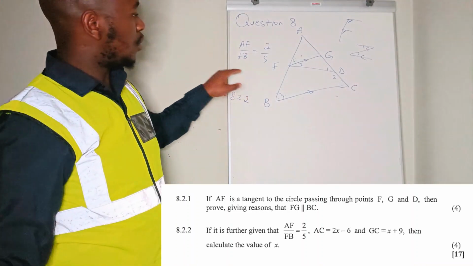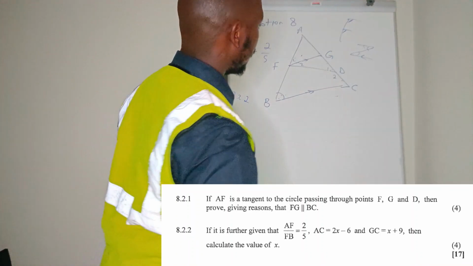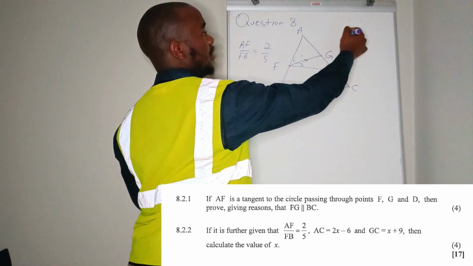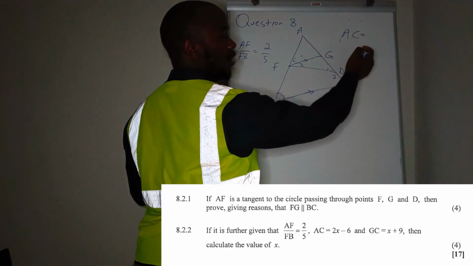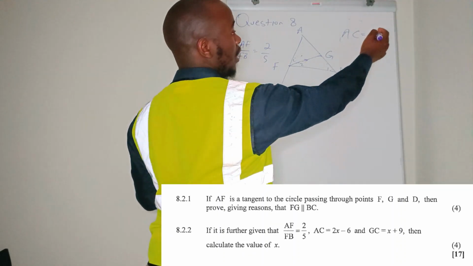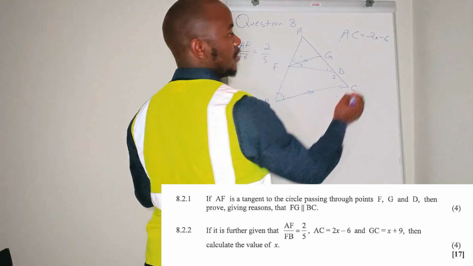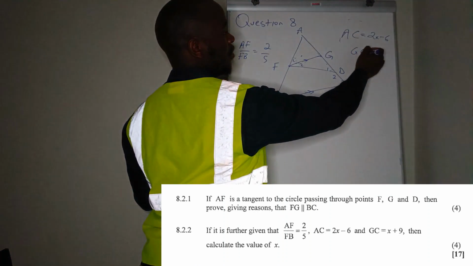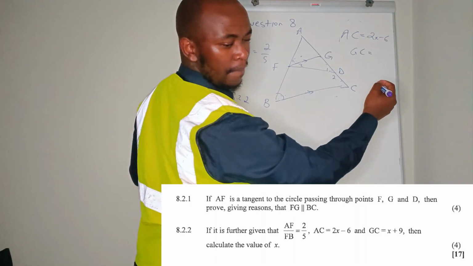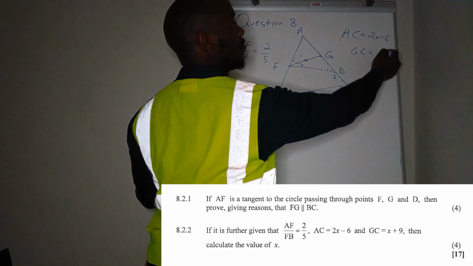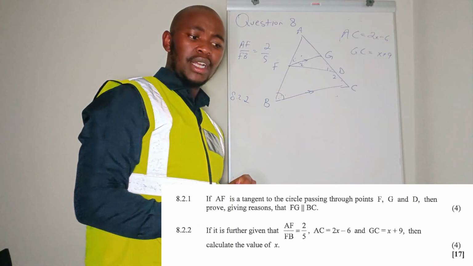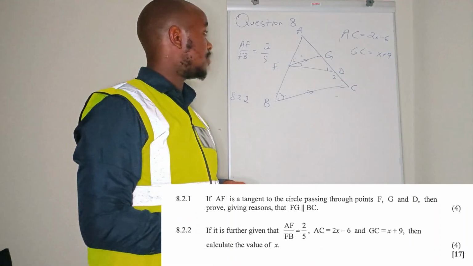And then we're also told that AC is equal to 2x minus 6, and GC is equal to x plus 9. Alright, so we're asked to calculate the value of x.